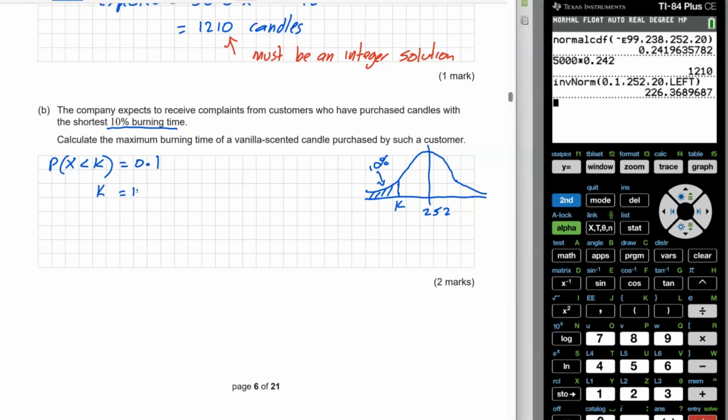Again, you don't need this line, but I'm just going to put it in anyway. So 0.1, 252, 20, then we use the left tail, and we get 226.37 minutes.